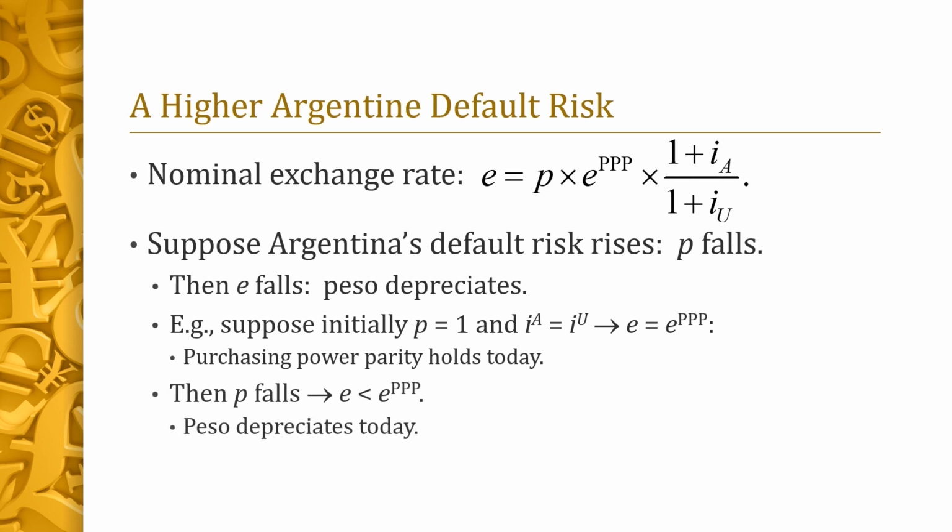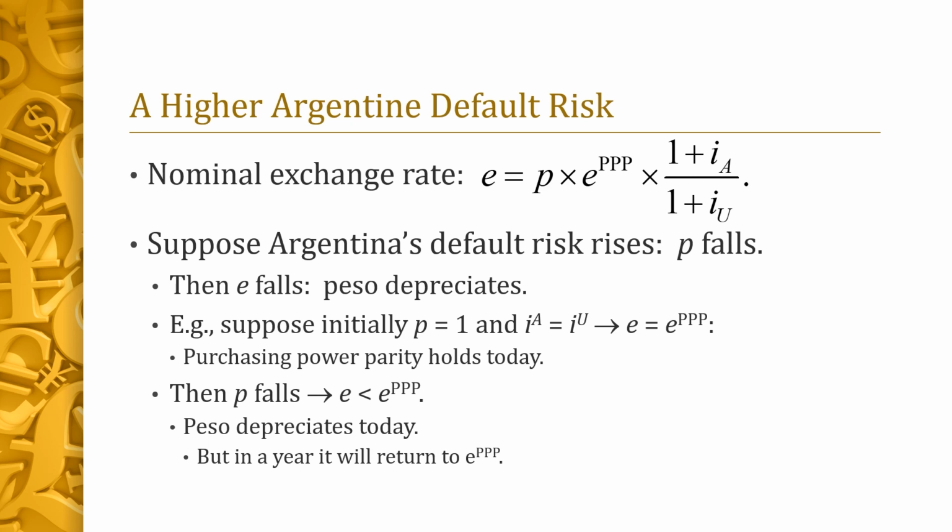That is, purchasing power parity holds today. Then, a new story appears, suggesting that Argentina may default on its bonds in a year. This lowers the repayment probability P. By the formula, the nominal exchange rate E immediately drops. It is now below EPPP. The peso has depreciated. However, by assumption, the nominal exchange rate must equal the PPP exchange rate in a year.